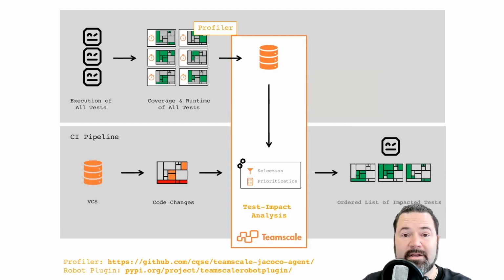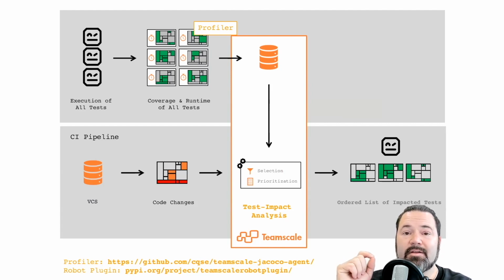If we want to do test impact analysis, we need to integrate Teamscale into the continuous integration, so that on every single test run, Teamscale pulls the changes from version control, computes which methods were affected, and then on the fly selects and sorts those tests that can find new bugs most quickly. This is more effort for integration, but also gives a bigger speed up.